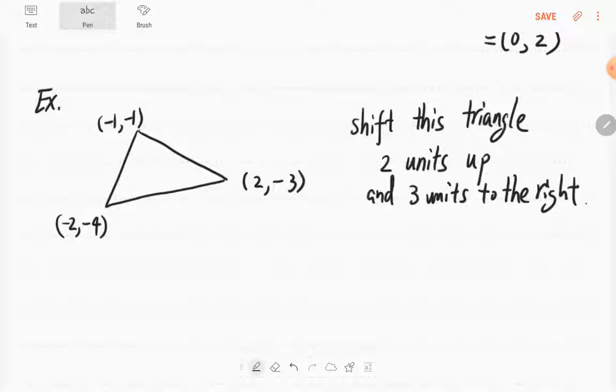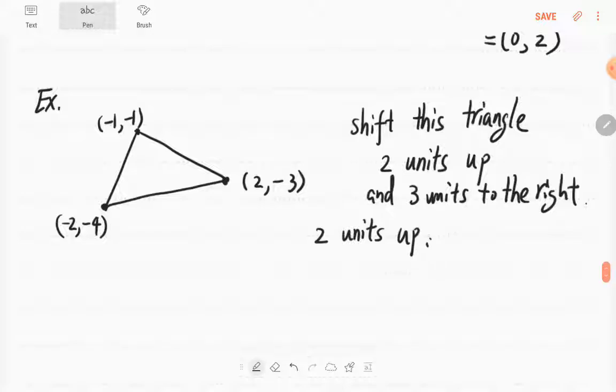So if we shift a triangle, we don't change the shape. So we actually are shifting the vertices. So you just need to calculate the shifted points for the vertices, right? So 2 units up.